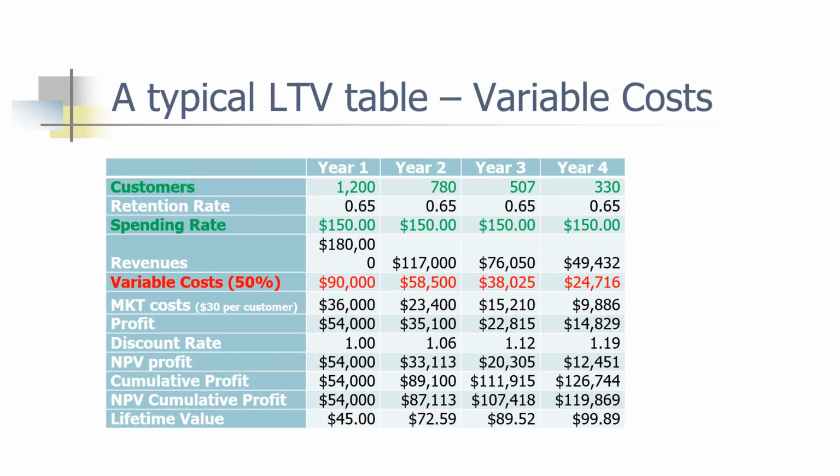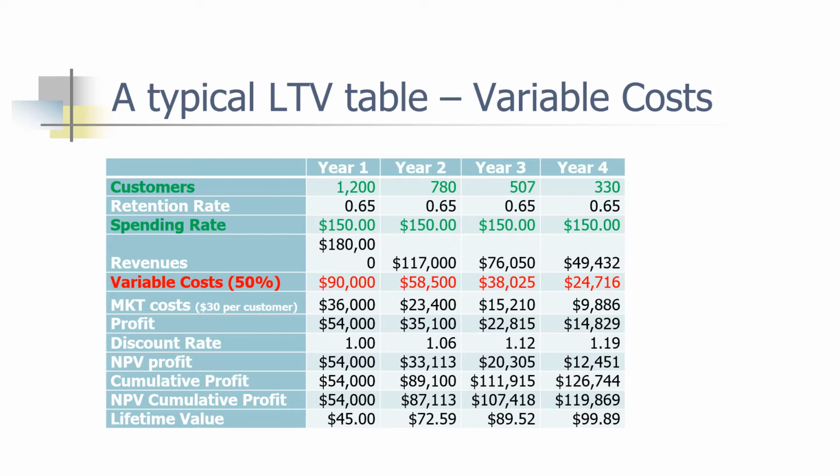What about variable costs? Well, variable costs usually is set up as a percentage of the amount of money I spent on goods and services. So in this case, the calculation is fairly straightforward, right?